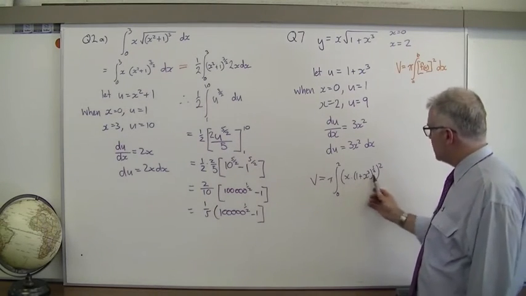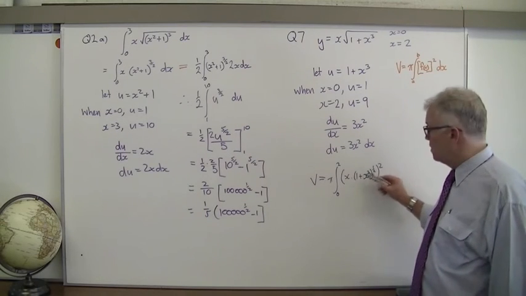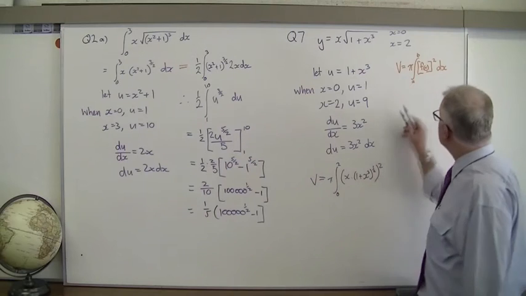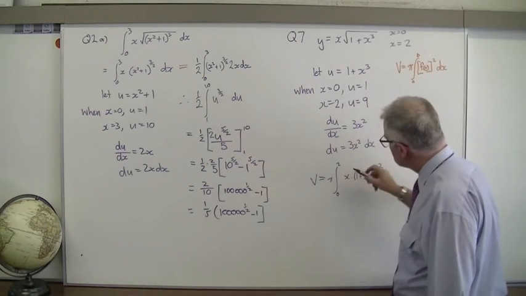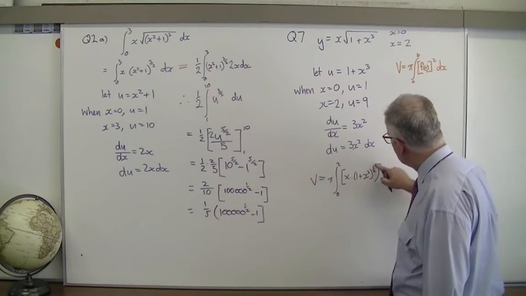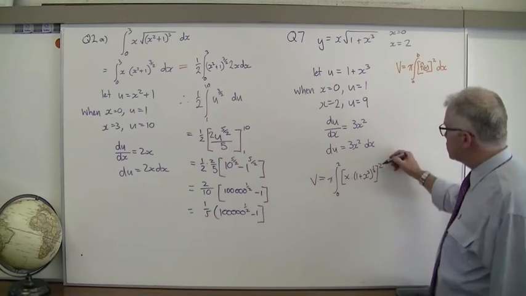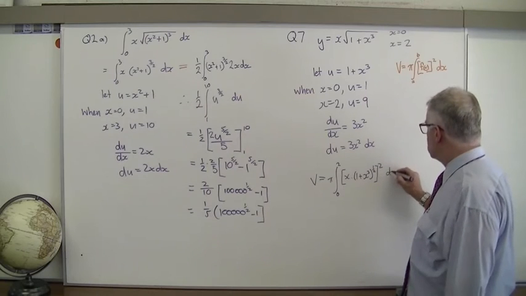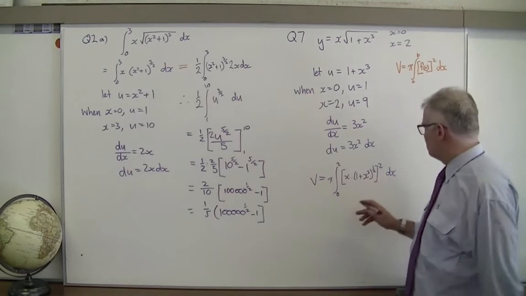That's the function of x, all squared. Maybe if I put it in square brackets, the correlation is a little bit clearer between the two expressions. That's what we're aiming at.